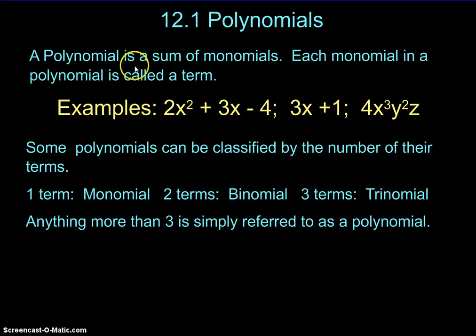Okay, a polynomial is a sum of monomials. Now, if we remember from chapter 4, when we had a GCF and LCM of monomials, a monomial is basically a constant or a variable or a collection of constants and variables multiplied together, okay?